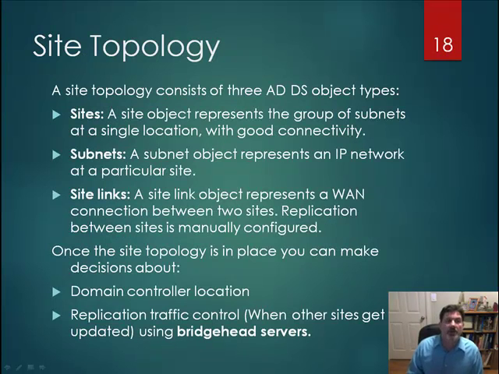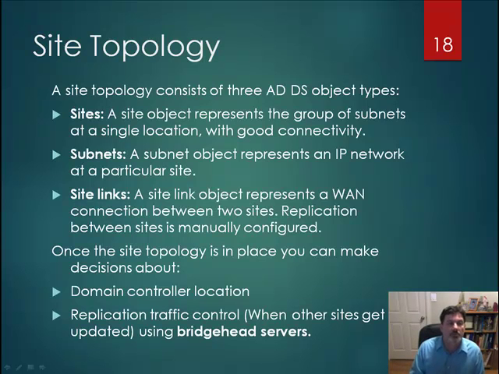So we have a site topology, and that consists of 3 Active Directory object types. Of course, we talked about sites. A site object represents that group of subnets in a single location, all having good connectivity. A subnet is an object that represents an IP network for a particular site, and site links are going to be responsible for connecting 2 sites together.